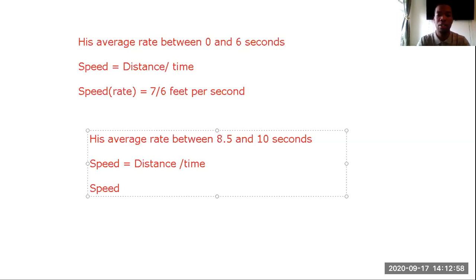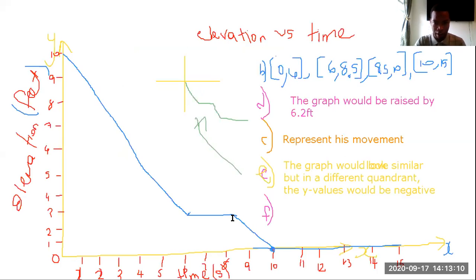His speed, which is also the rate. So it's asking for his rate between 8.5 seconds and 10 seconds. So let me go back to the graph. 8.5 seconds, which is here, to 10 seconds. The 8.5 seconds, what was his feet at 8.5 seconds?